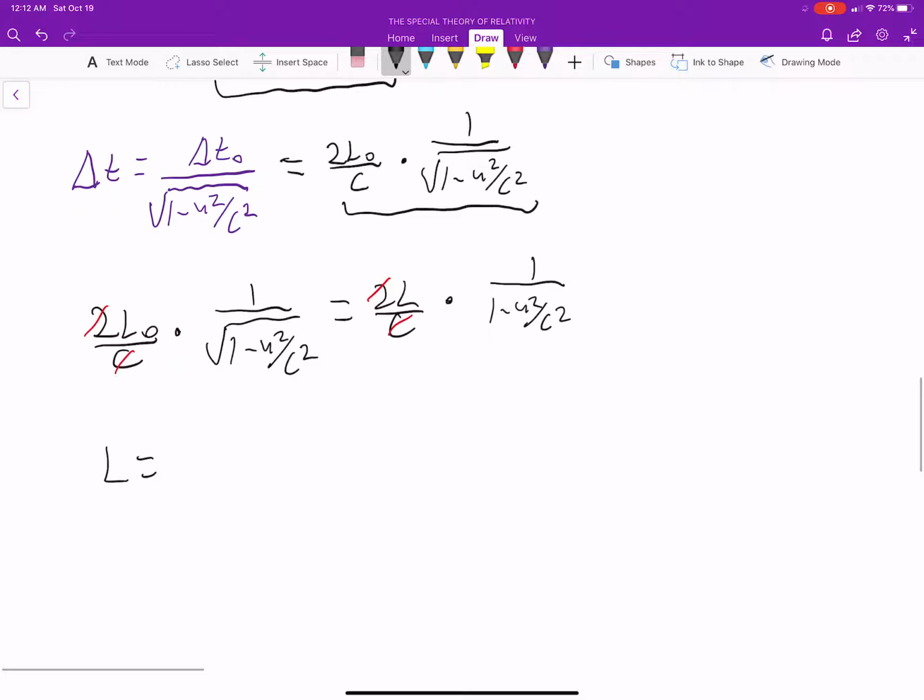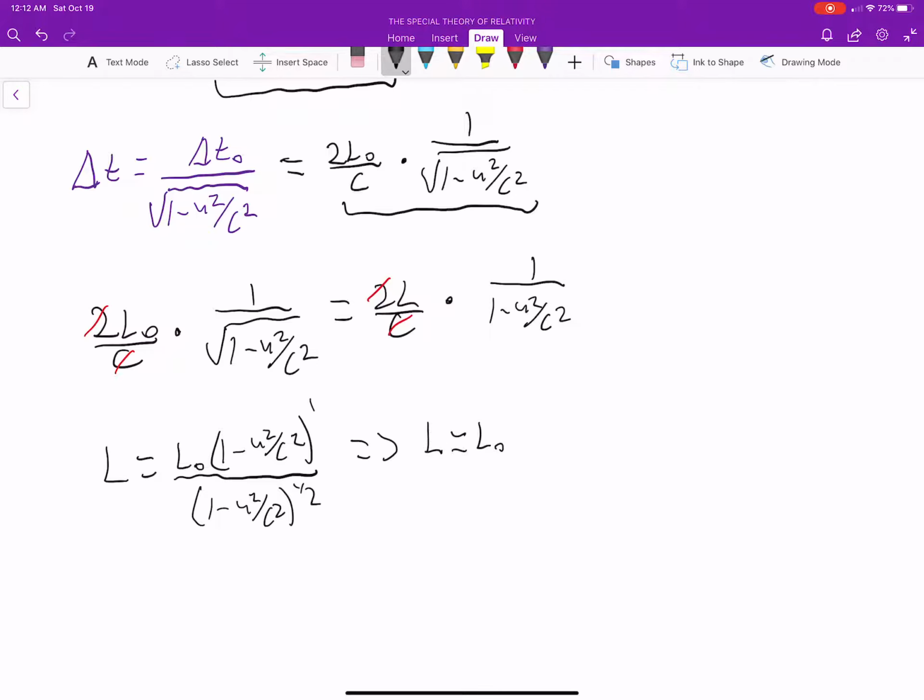So L is equal to L naught times 1 minus U squared over C squared, which you can think of as being to the first power, divided by 1 minus U squared over C squared to the 1/2 power. Well, we can simplify our exponents. So L equals L naught, 1 minus a half is a half, which is the same thing as the square root of 1 minus U squared over C squared.